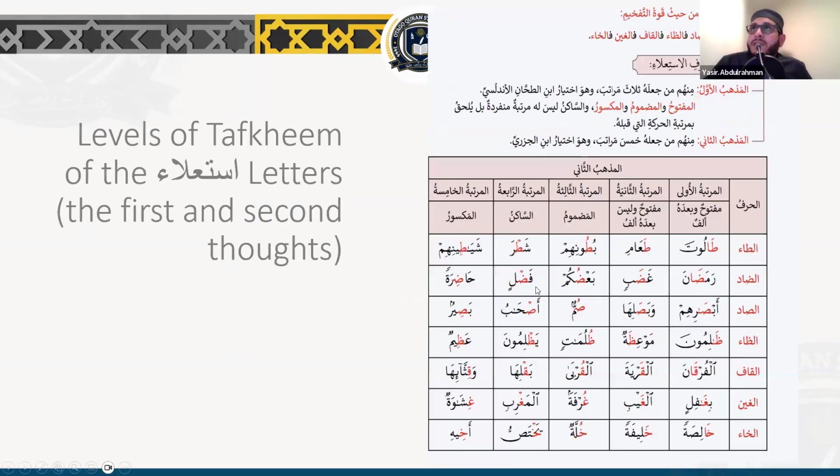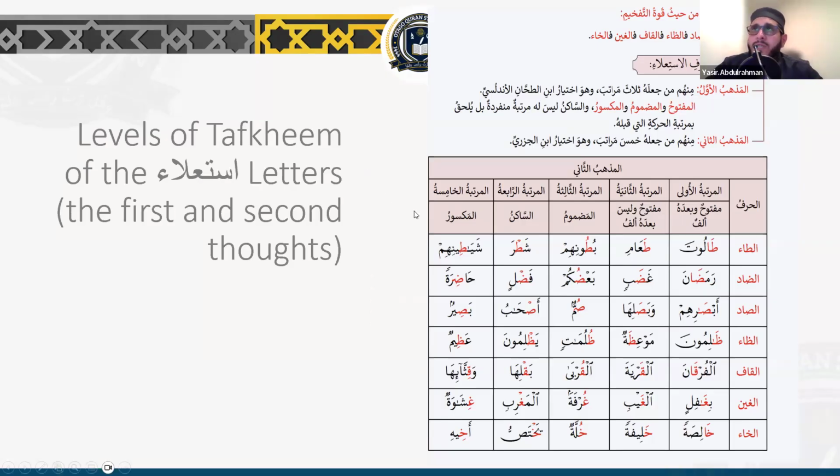Okay, so the first thing to study is actually the levels of tafkhim, maratib al-tafkhim, right? Now, in the levels of tafkhim, there are two schools of thought. The first school of thought is one which is using 3 levels. This school of thought was from Ibn Tahan, who died in the year 561.